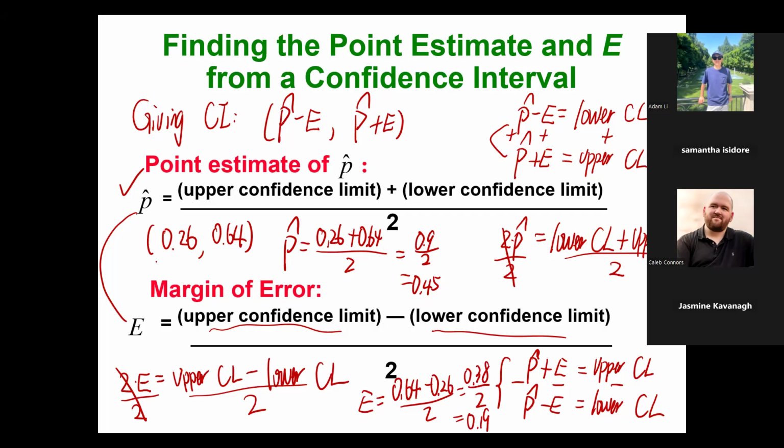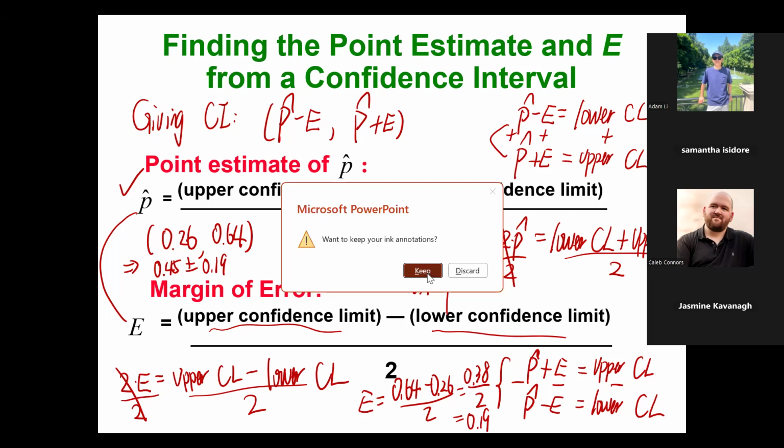So you can also write this as 0.45 plus or minus 0.19, so p-hat plus or minus margin error. This is how we apply these formulas to figure out the p-hat and margin error.